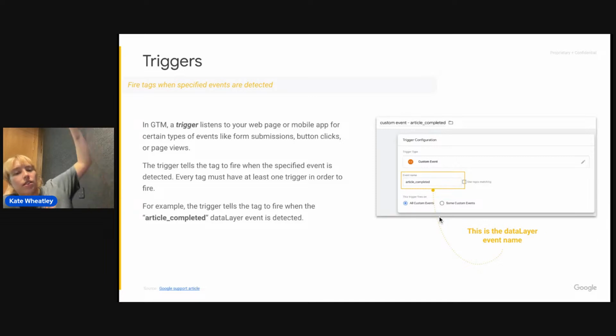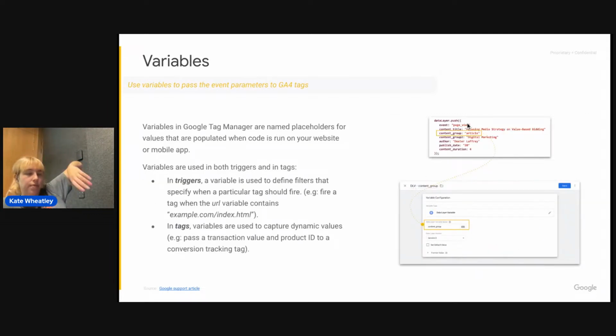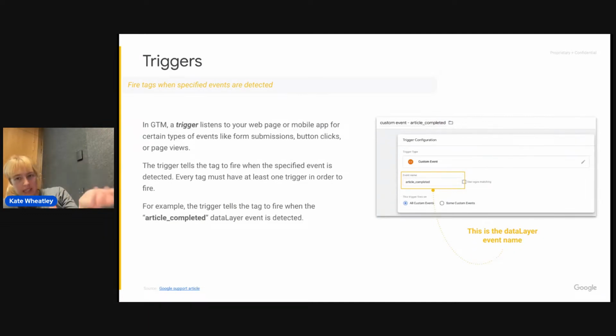Okay, so the tags always have triggers attached, and that's actually what makes them fire. So, in this case as well, the page view event, our page view tag will have the trigger of event equals page view, and that will cause the tag to actually fire. So that's what a trigger is.